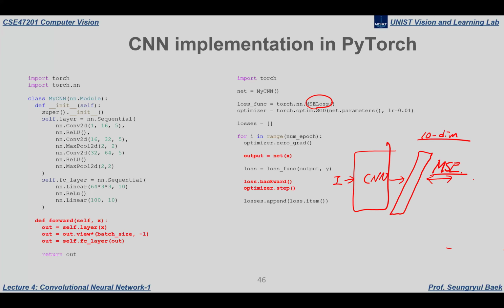The mean square error loss is an appropriate loss for regression tasks. Regression means supervised learning where the output is continuous. But we will train this CNN for the classification task, whose output is discrete. So for that task, this MSE loss is not that proper. So we will learn about a different loss function.